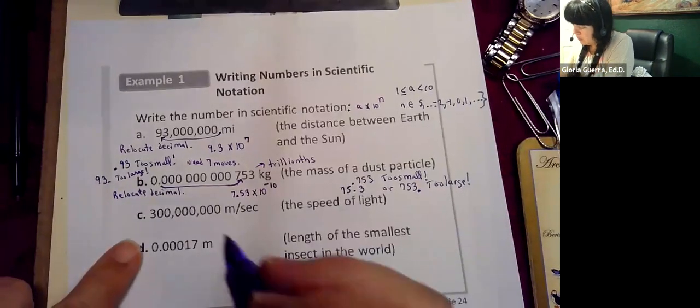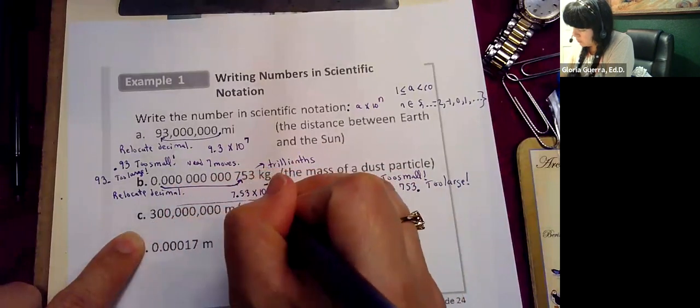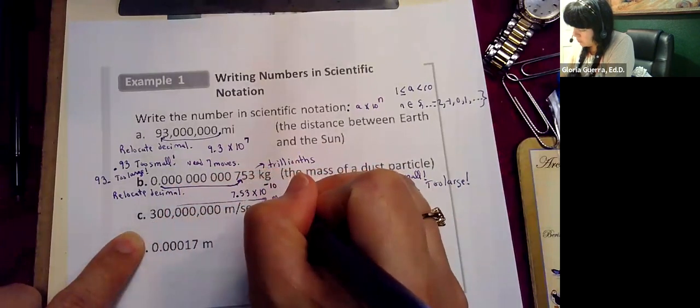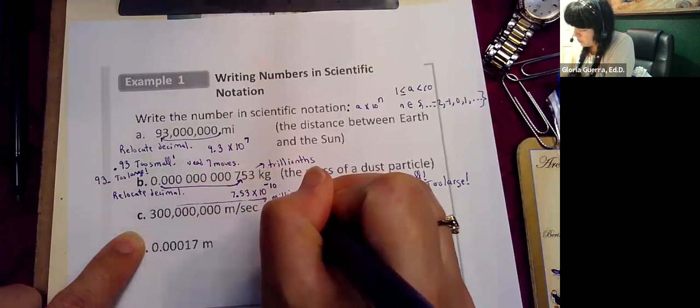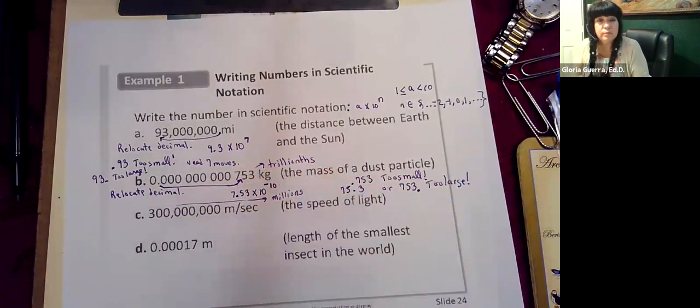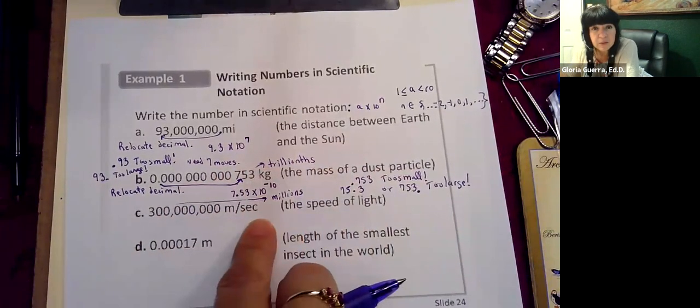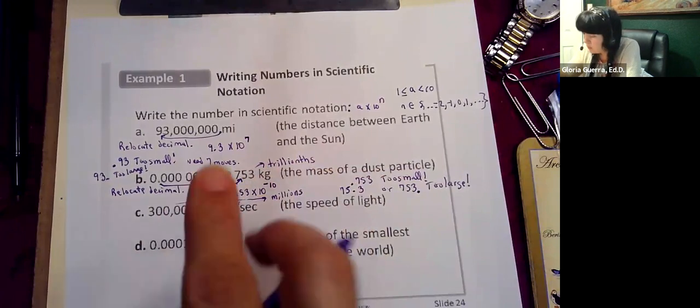It looks like 300 million. So you want to move your decimal. This is the speed of light. How fast does light move, in meters per second?